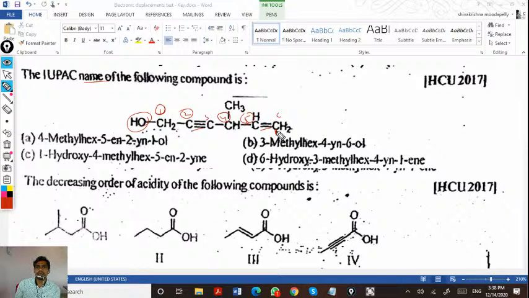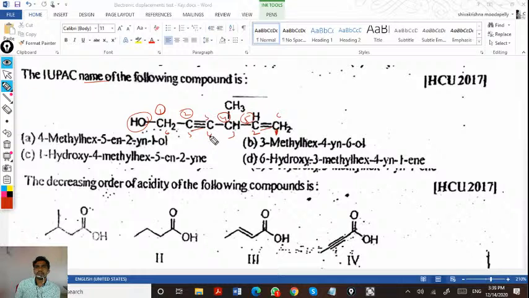If I give numbers from the other end, 1, 2, 3, 4, 5 and 6, the positions are 1, 3, 4 and 6. 1 plus 3 is 4, plus 4 is 8, plus 6 is also 12. So according to the least sum rule it is one and the same.